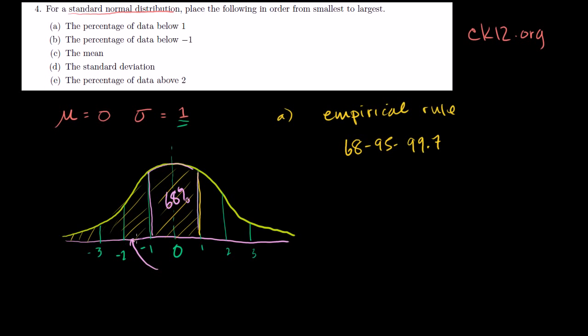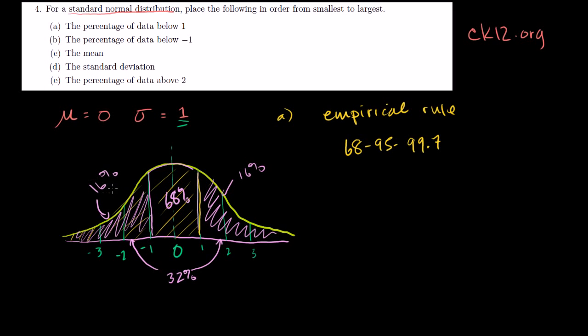This left-hand tail plus this part right here, when you add them to 68, has to add up to 100%. So those two combined are 32%. 32 plus 68 is 100. Now, this is symmetrical. These two things are the exact same. So if they add up to 32, this right here is 16%, and this right here is 16%.